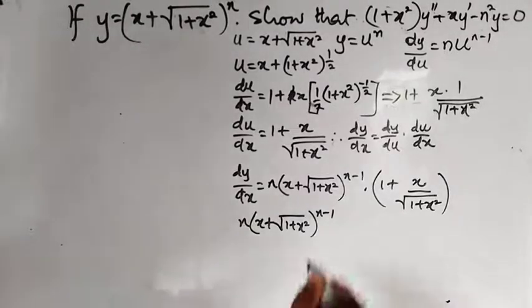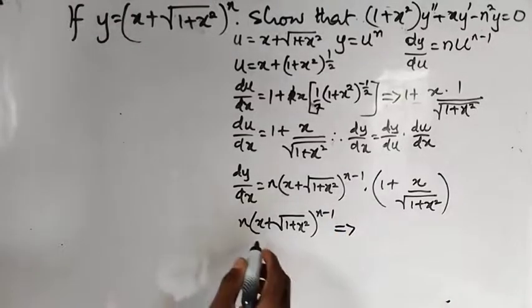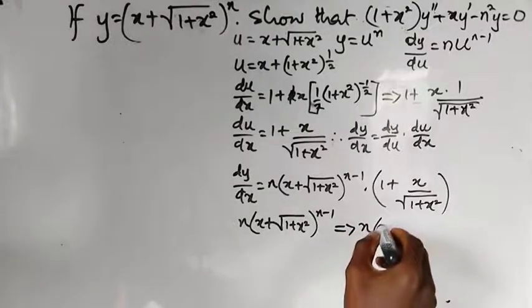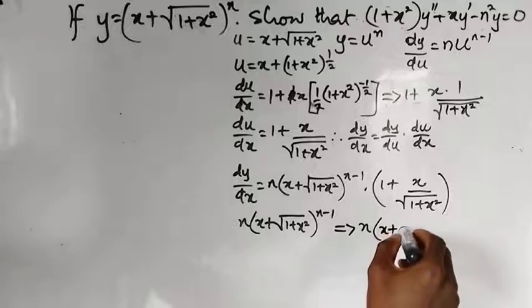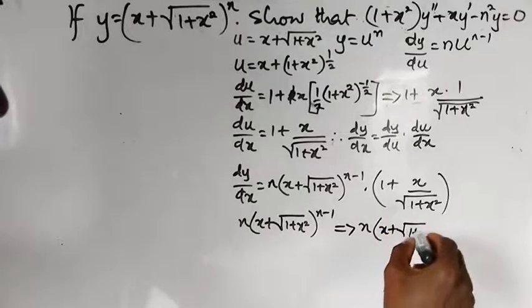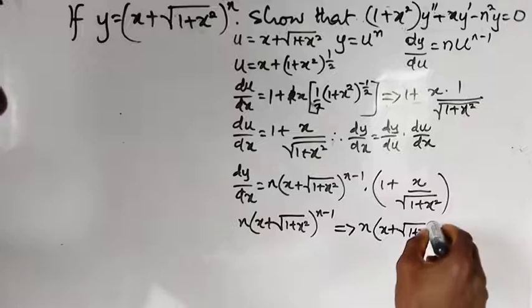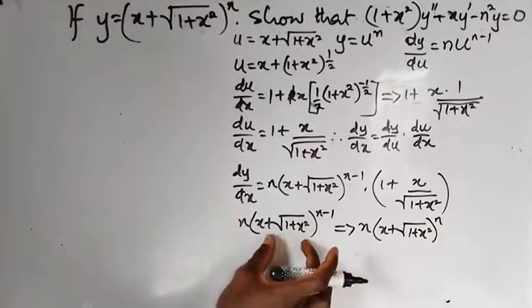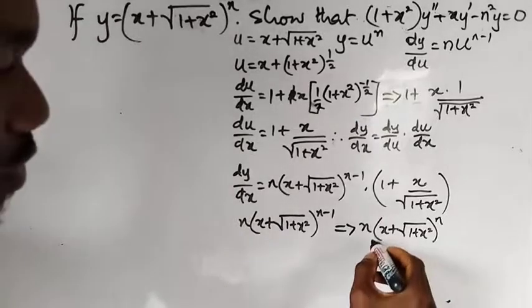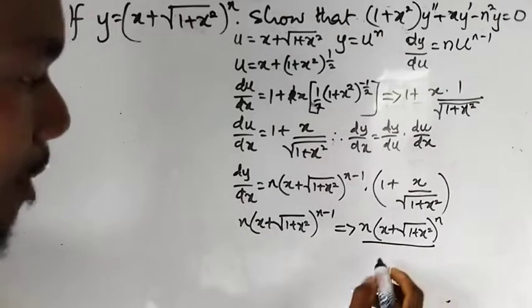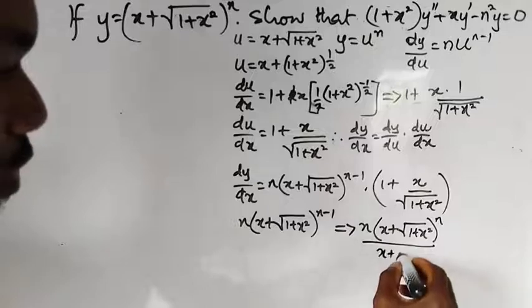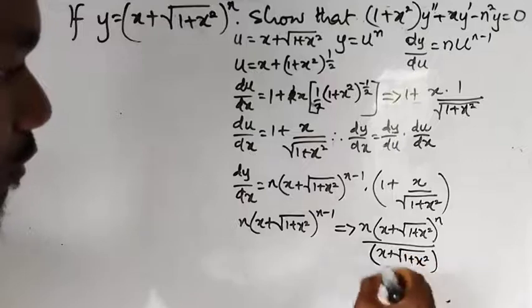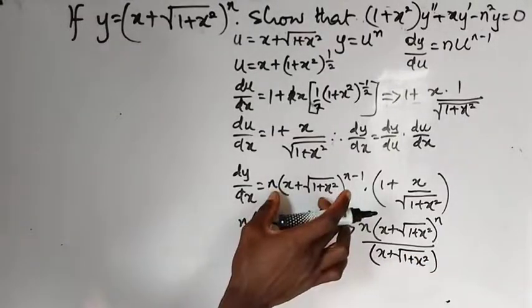So here this implies that n times (x + √(1 + x²))^n, divided by this whole expression again, as we did using the indices, so over x + √(1 + x²).